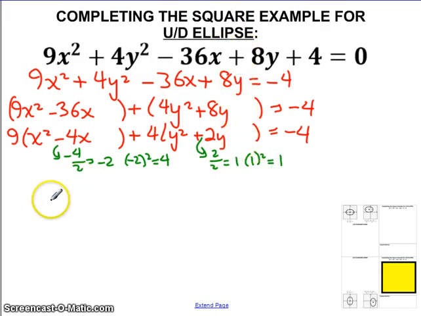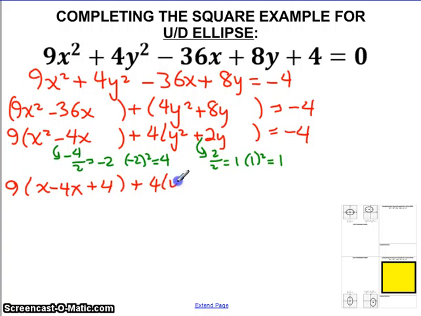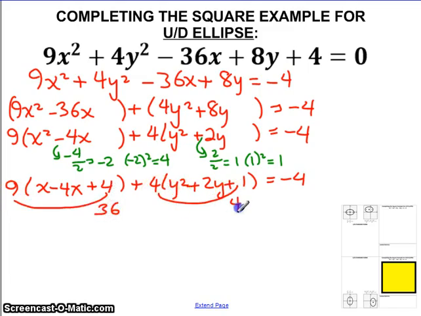And so we have 9 times x squared minus 4x plus 4 plus 4 times y squared plus 2y plus 1 equals -4. And since we added a 4 times a 9 and a 1 times a 4, then we really have 4 and we have 36.